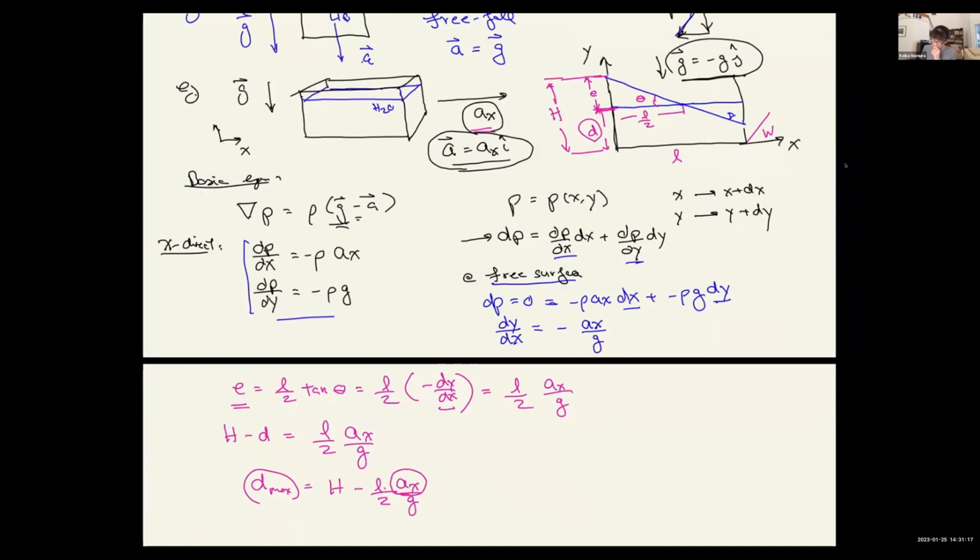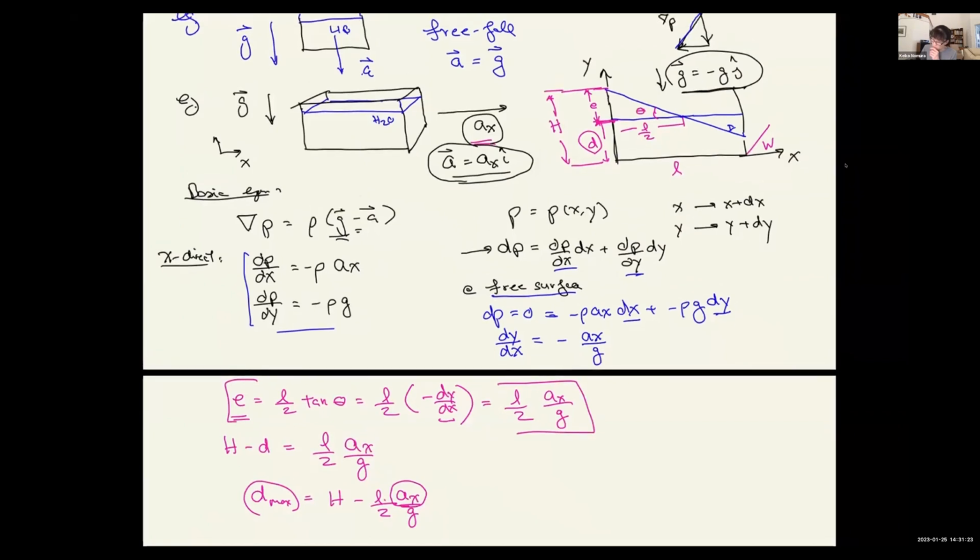Oh, maybe we can see that right here. E is equal to, okay, so what you want to do is minimize this distance or the orientation of this. And from this equation, you can also tell which way you might want to orient your tank.